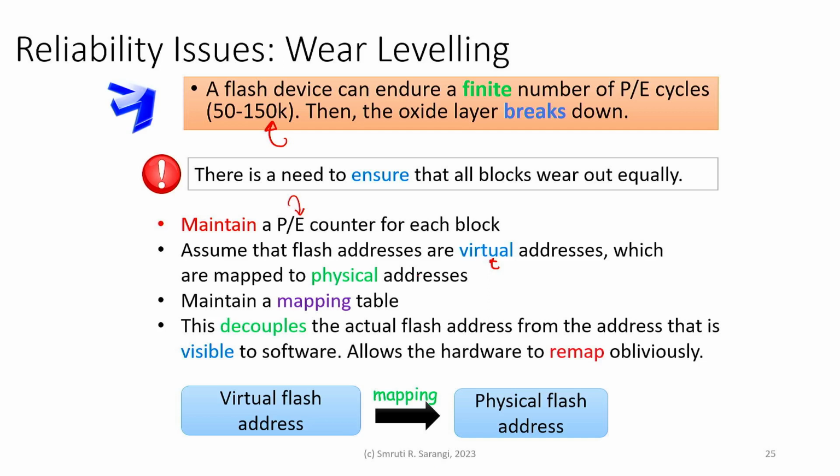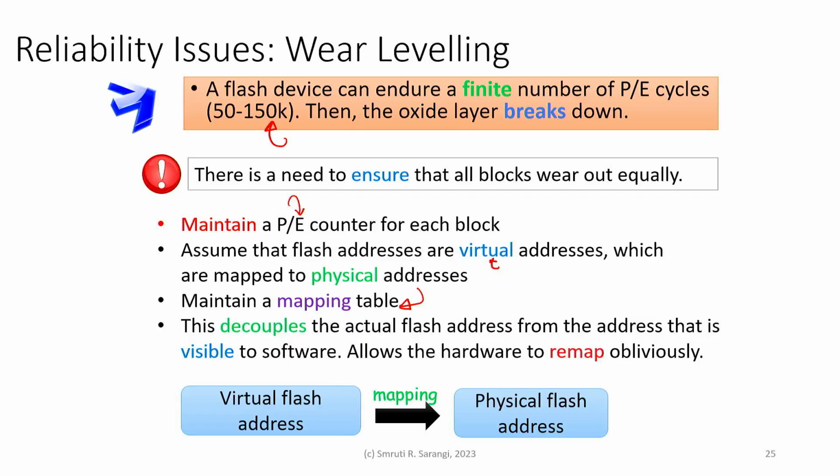What you send is a logical address which is mapped. Maintain a mapping table which is kept inside the flash device itself. You decouple the actual flash address from the logical address because you have a mapping table anyway. Mapping means decoupling. And furthermore, you are allowing the hardware to remap and remap obliviously.